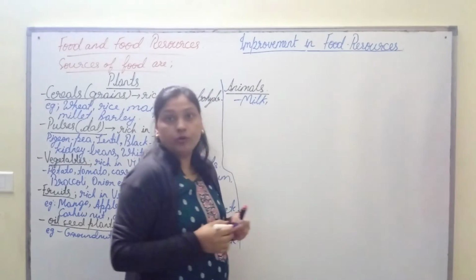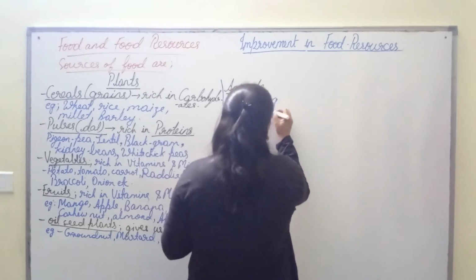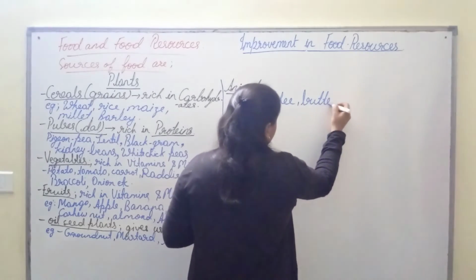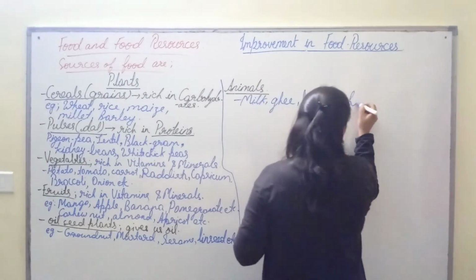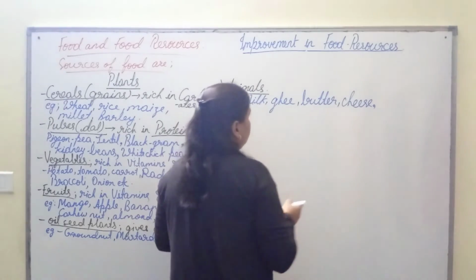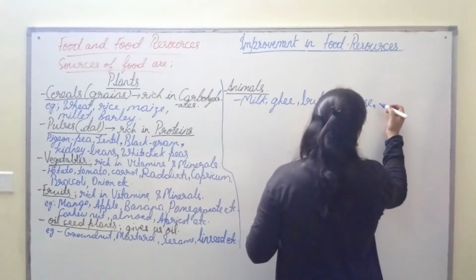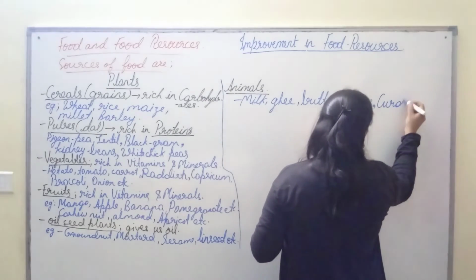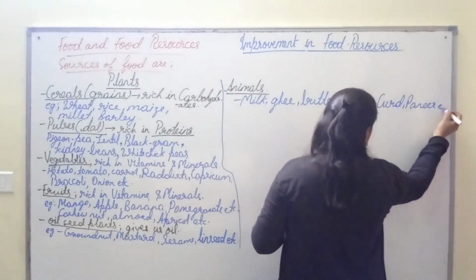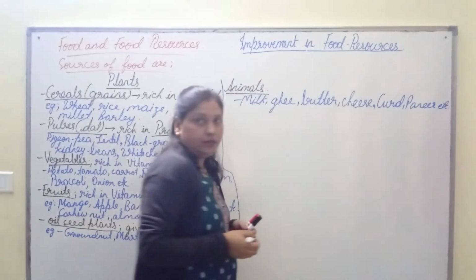It gives different products like ghee, butter, cheese, curd, paneer, etc. that we get from the animals.